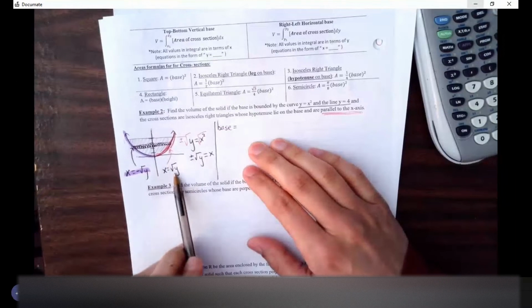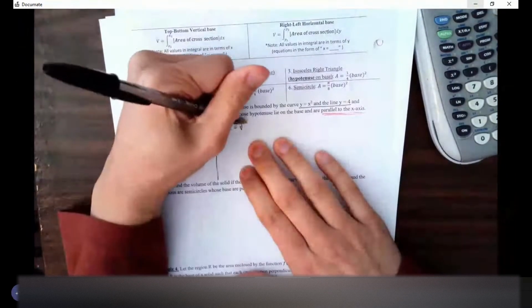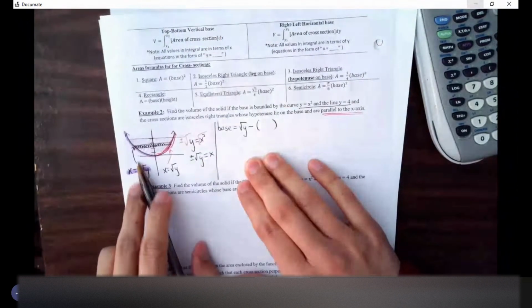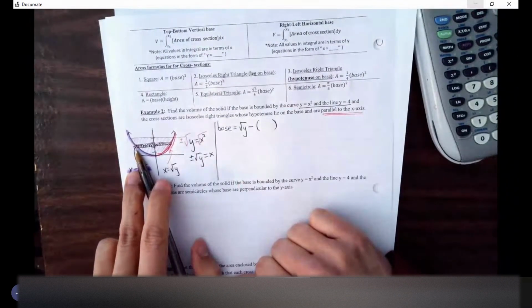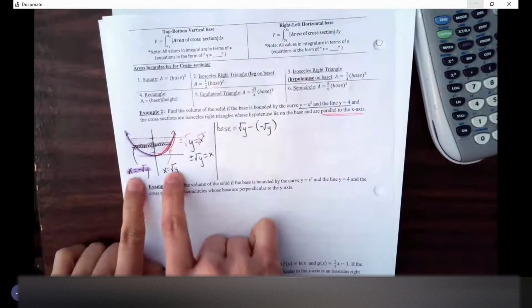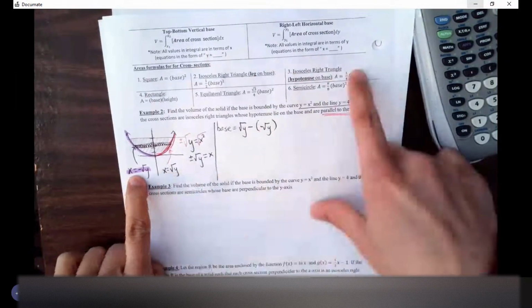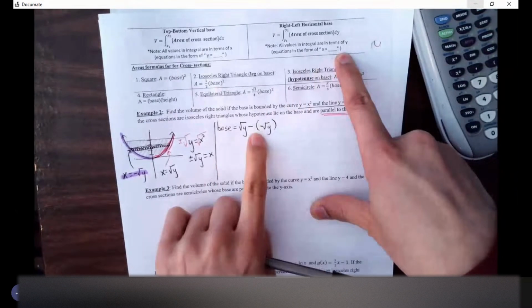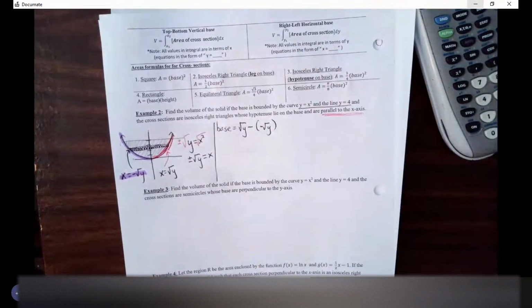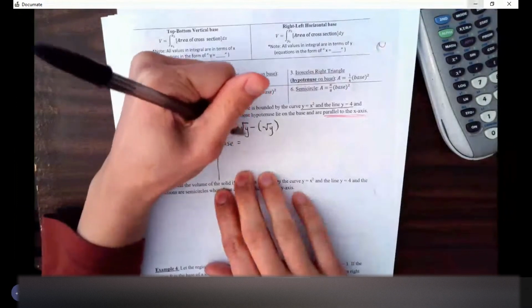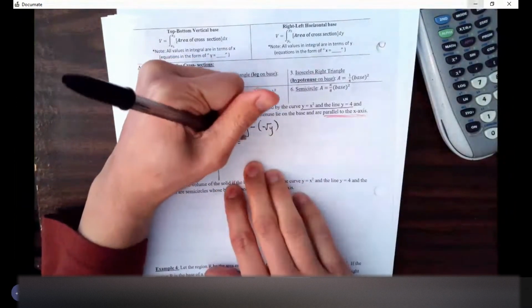The right endpoint is sitting on the root y, minus, in big parentheses, the left endpoint of my base, which is sitting on the negative root y. And all my equations are in perfect form for that, right? x equals, that's exactly what I need if I want to do anything with right minus left. Do a little bit of cleanup here. Our base is just going to be root y plus root y. So it's 2 root y.